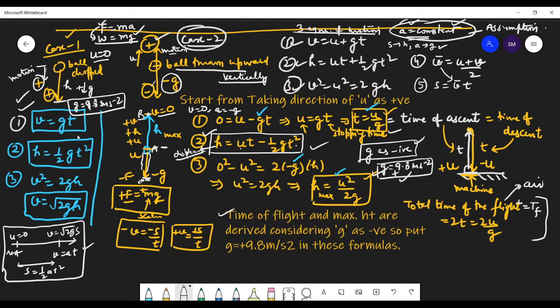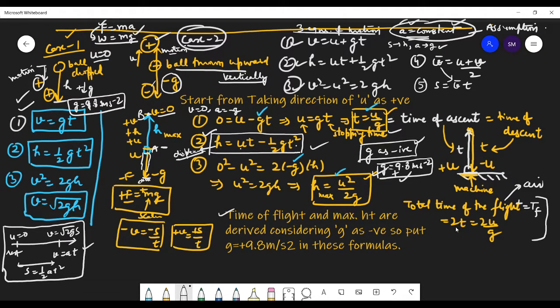And here g was already positive because the motion was downward, and we have taken the downward direction as positive. So in all these formulas you will be taking g as plus 9.8, and if it is given as 10, take 10.